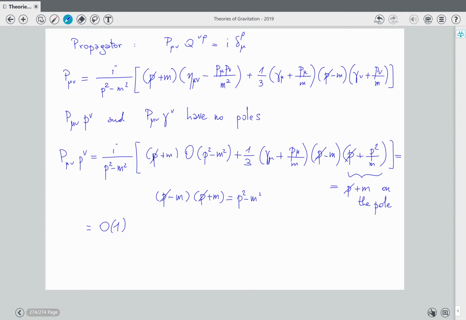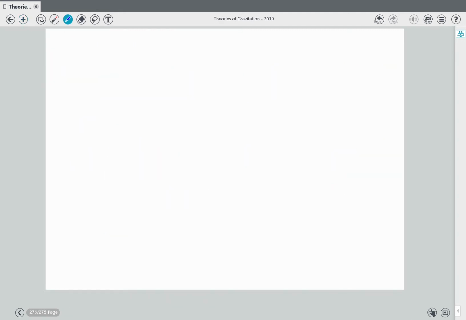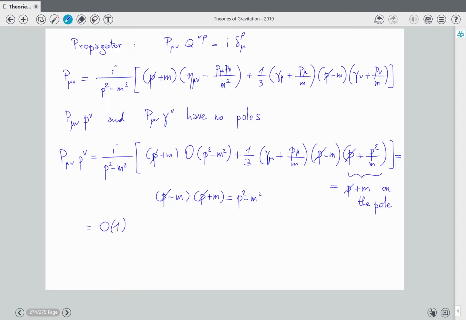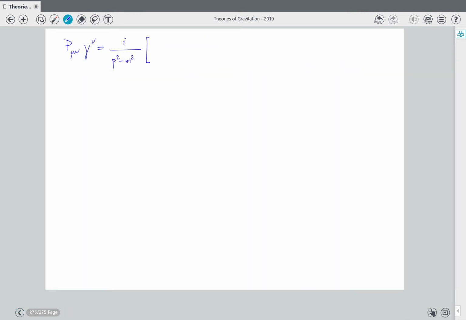This was easy. The other one, well, there is maybe some gamma matrix commutation to do, but we can do it. P mu nu gamma nu is equal to i divided by p squared minus m squared, p slash plus m.